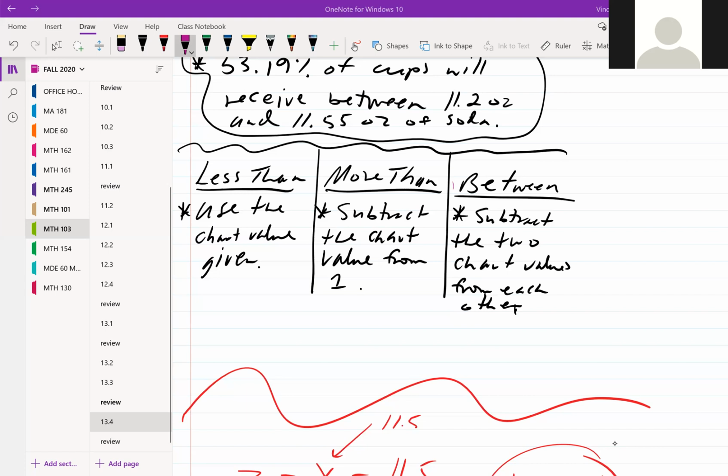I'm at the wrongest one. Hold on. Oh, no, it's asking me for less than. Okay, so if it's less than, you just use the chart value that they give you. Oh, right, chart value. Okay, so I'll have to do that one with you.